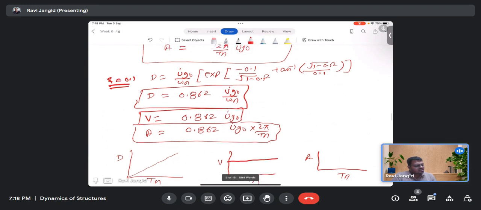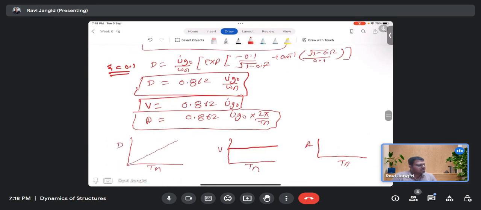In the third one, that is divided by Tn, so it would be like this one. Similarly, in the next one for xi equal to 0.1, it will decrease like that. For this it will decrease like this, and for this it will decrease like this. Is it okay? Any doubt?